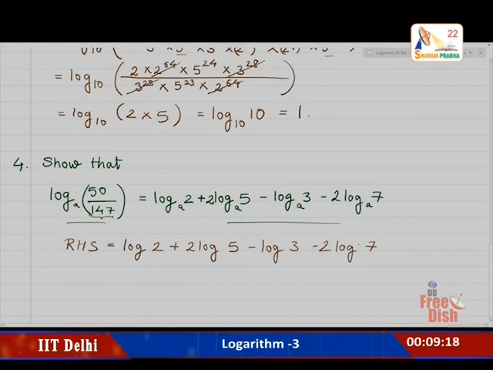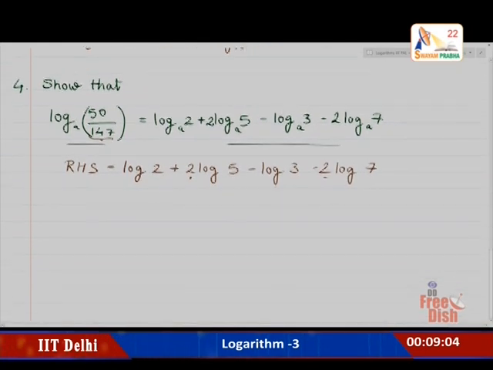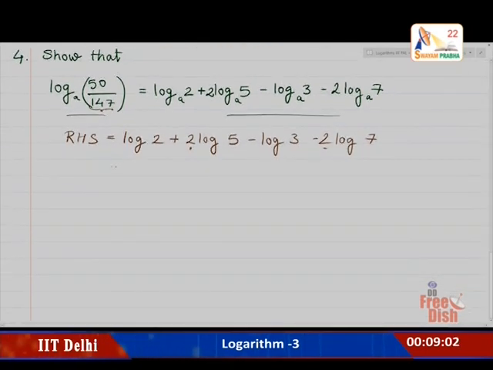So now if I want to show this is equal to the left hand side, I need to use multiplication rule, power law, because these terms are here. So I need to use power law, multiplication rule, and quotient rule. Since we have solved 3 problems, this should be clear. So first step will be to put the numbers that are ahead of log into the powers.